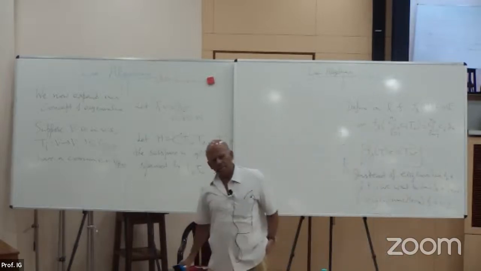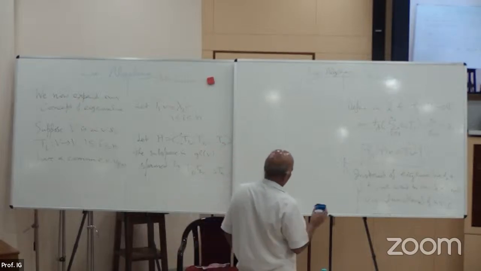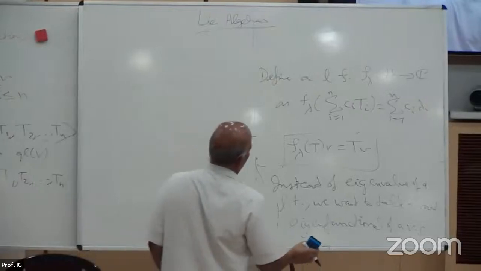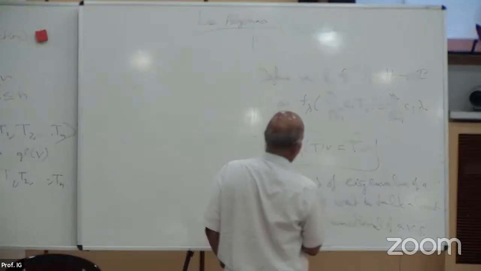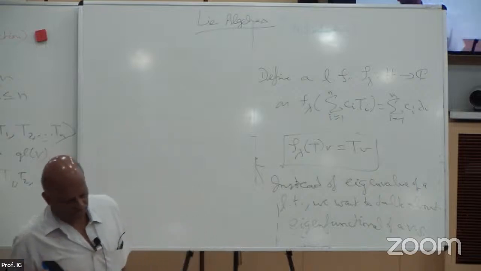Okay, so instead of 2, we can do it for any number. And this way, instead of talking about the eigenvalue of a linear transformation, we can talk about eigenfunctional of an eigenvector.